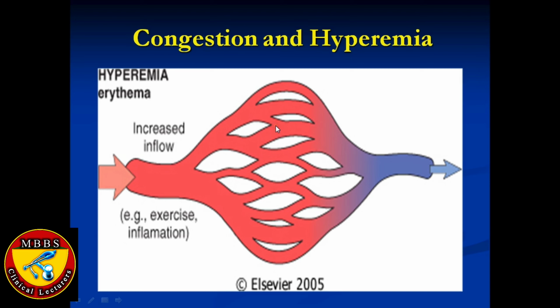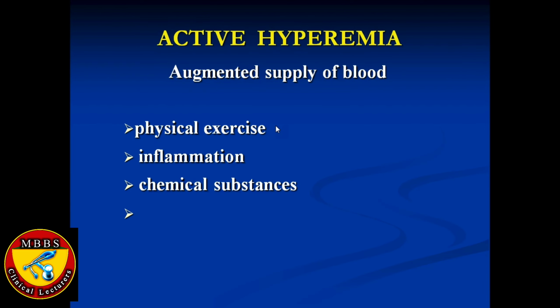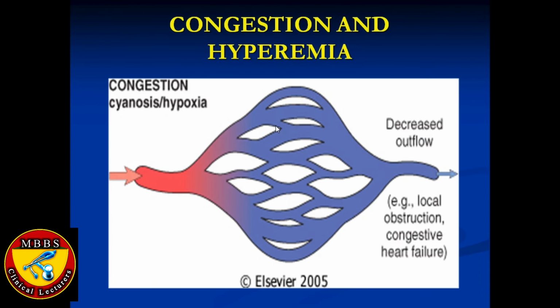This gives a reddish color, which is also seen in blushing or inflammatory conditions or even in exercise. This condition is known as hyperemia or erythema at times. It may be seen in cases of exercise, inflammation, and presence of chemical substances.